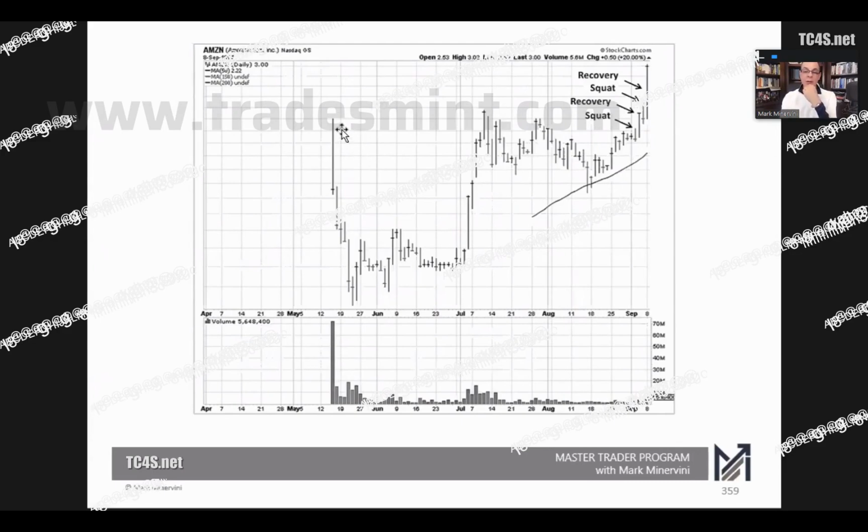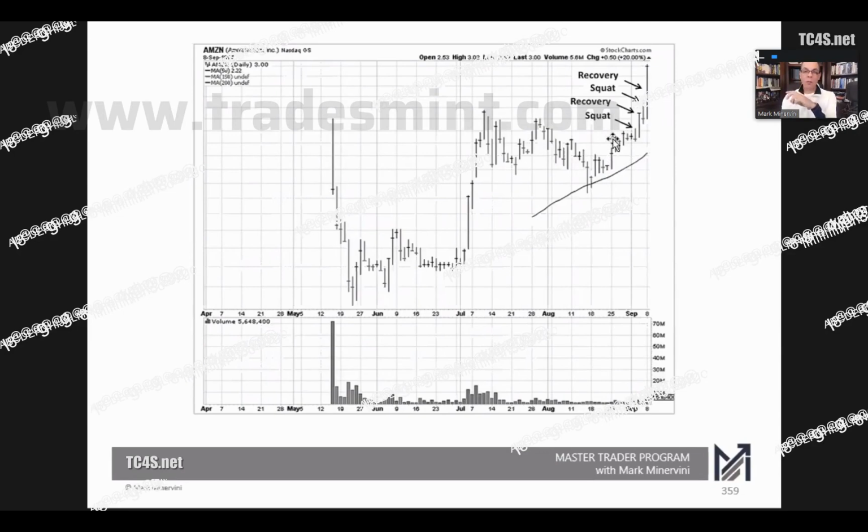Here's your IPO. You go through a big cup with handle, you go through iterations. You even had a low cheat right here, which at that particular time I was not buying from low cheats. I was buying from cheats. I didn't start low cheats until after the 2000 bear market, believe it or not. I was only buying in the middle third or upper third of the base.